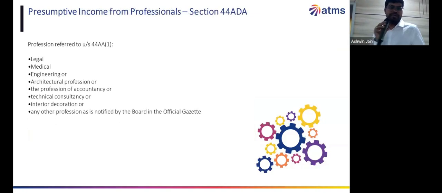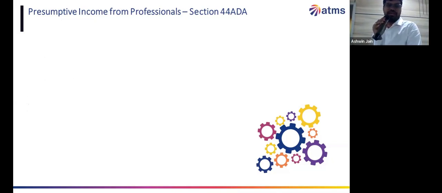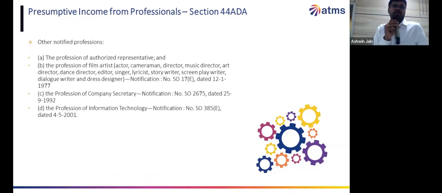Legal, medical, engineering, architect, profession of accountancy, technical consultancy, interior decoration, any other profession as notified by the Board in the official gazette. They have notified some professions like film artist, actor, cameraman, director, profession of company secretary, profession of information technology, and all those things. So these are the people who can opt under section 44ADA.